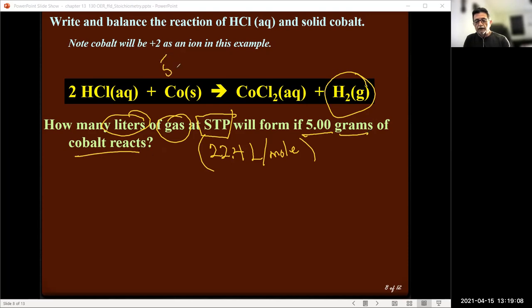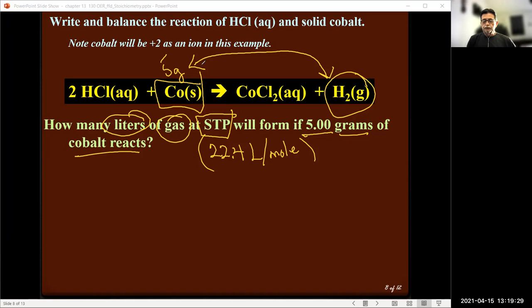We have 5 grams of cobalt reacted, and our only concern is between cobalt and hydrogen, and that's it. I don't care about any of the other species. They are there in the proper quantity to have this reaction proceed.